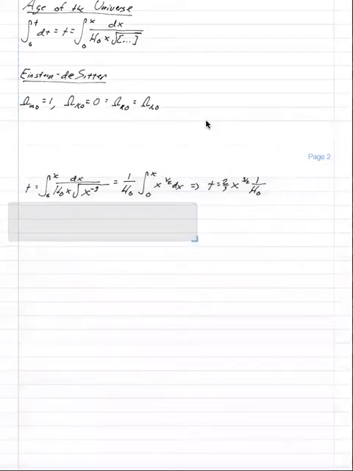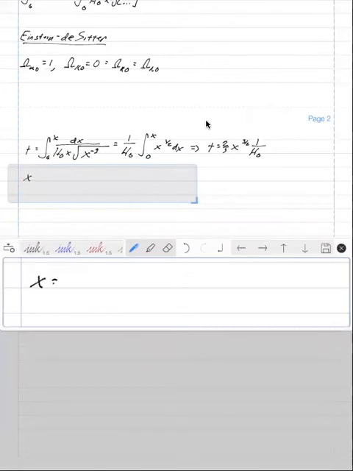And remember, x is equal to a over a naught. So any time in the past, a is smaller than today's a naught, so x will be less than 1. If you want to evaluate this for the age of the universe today, you just say that x is equal to 1. Otherwise, you would put some other value of x there, and that gives you the age of the universe at that scale.